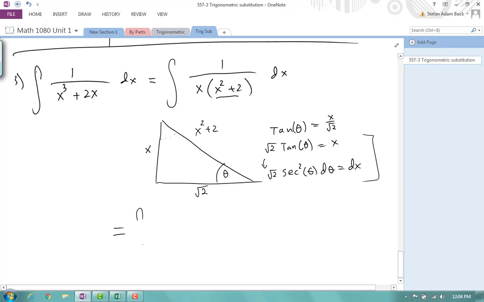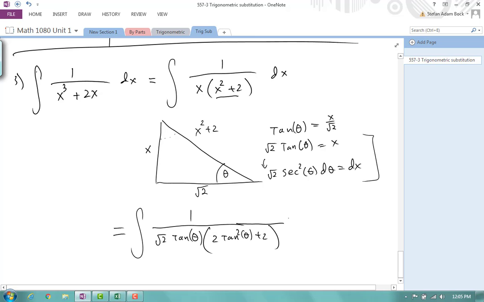So when I do that, thankfully I don't have bounds. I have 1 over x is equal to 1 over root 2 tangent theta. And again, x is equal to root 2 times tangent theta, or if I jump ahead, the square root of 2 times tangent theta all squared is going to be 2 tangent squared of theta plus 2.